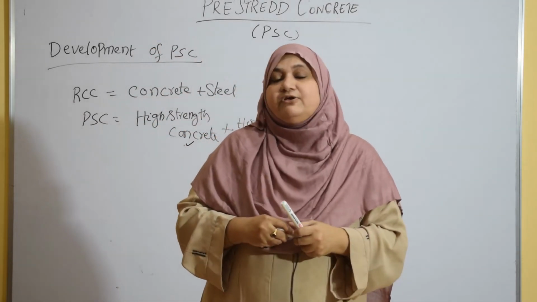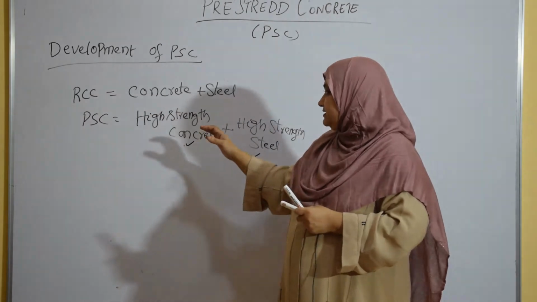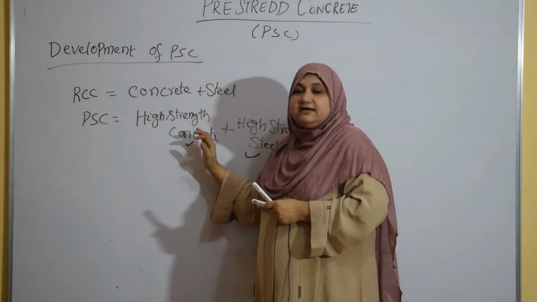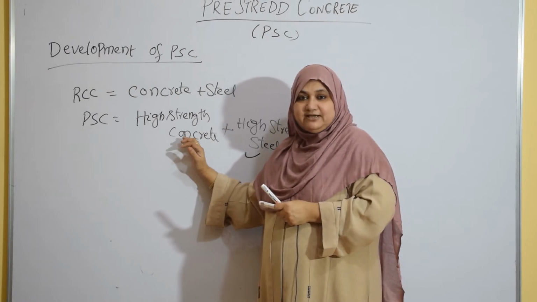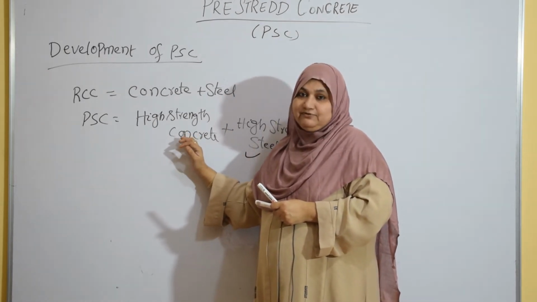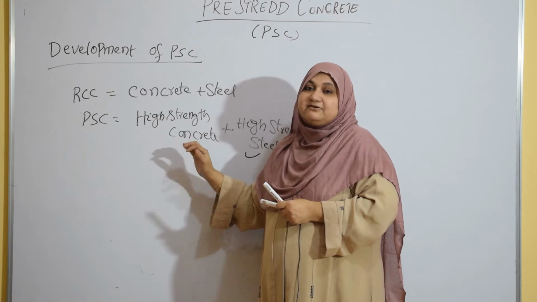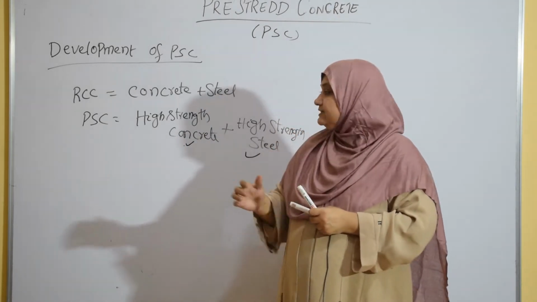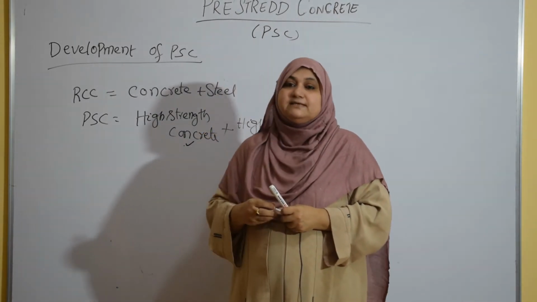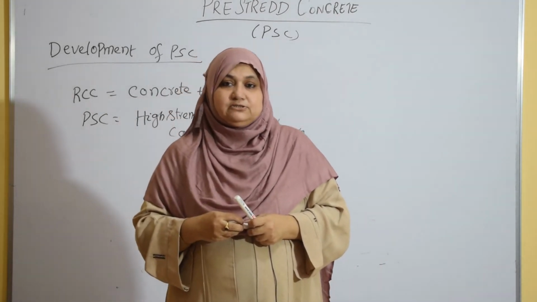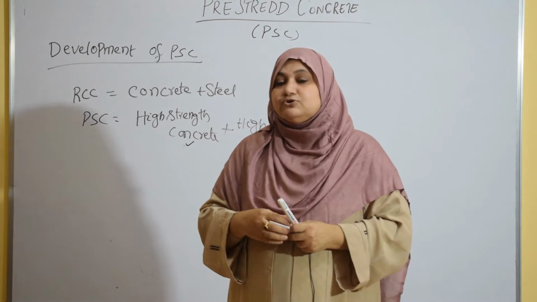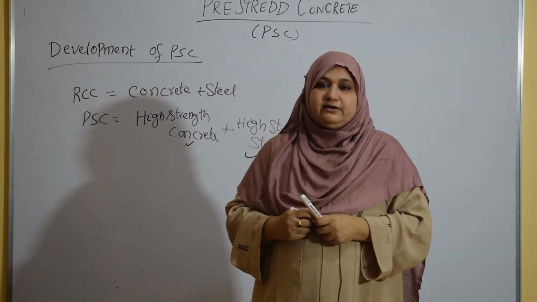So this is why we use high strength concrete: it has less shrinkage, a low modulus of elasticity, and less ultimate creep strain. What happens is when you pre-stress, when you tension the steel, there will be some losses. All those losses can be reduced by using high strength concrete, right?